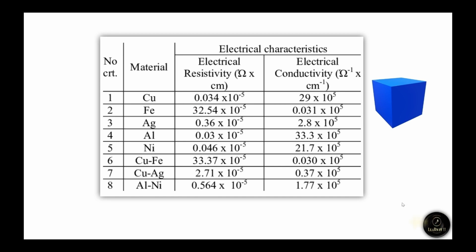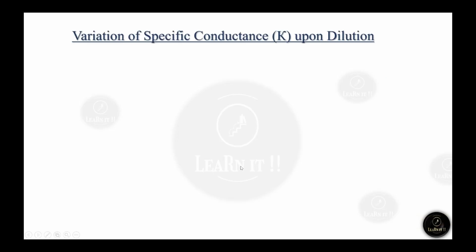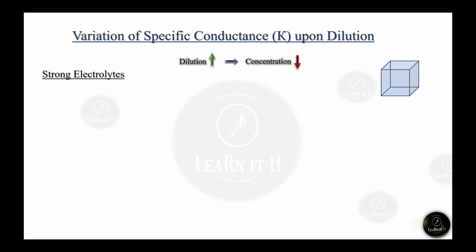We want to know the variation of specific conductance or conductivity with dilution, or on adding water. We know as dilution increases, concentration decreases. So let's look at strong electrolytes. We know strong electrolytes undergo complete dissociation, so they give ions.